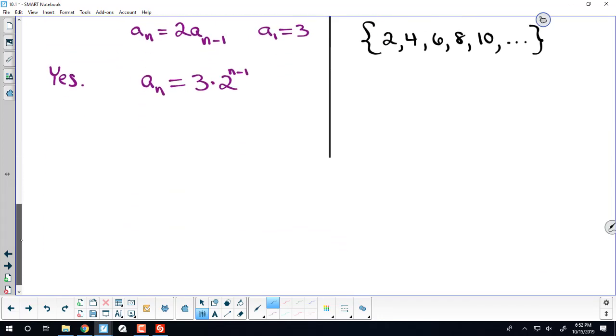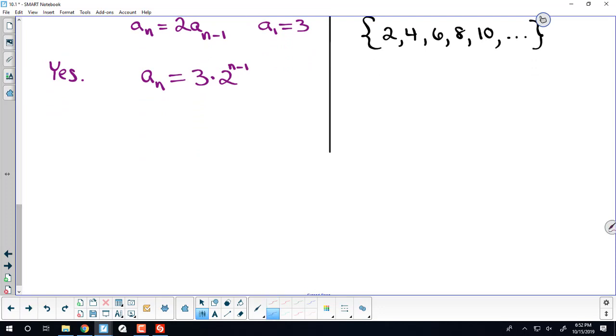So for that particular sequence, can we write a recursive formula? How would we define the next term in terms of the previous or previous terms? A sub n minus 1 plus 2. So say that again.